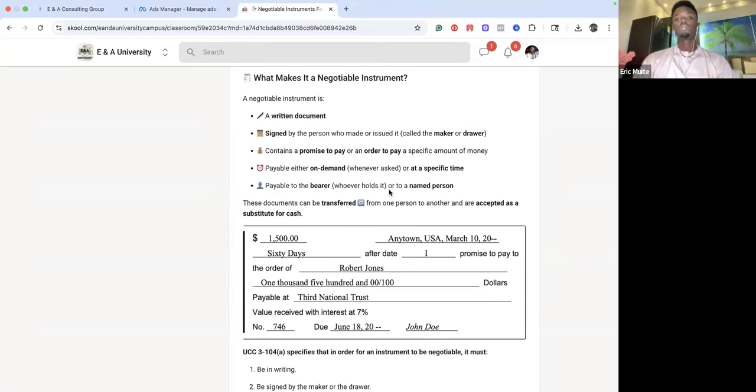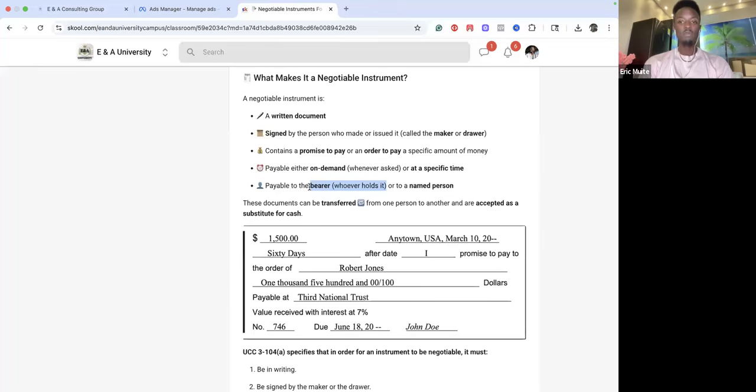The difference here is that payable to bearer is basically whoever holds it. For example, I say, payable to bearer. That person can then take it and claim it. But if I say payable to John Doe, only John Doe can claim it. When I write payable to bearer, John Doe can take it and give it to his sister, and then his sister can claim it, because it's payable to bearer.